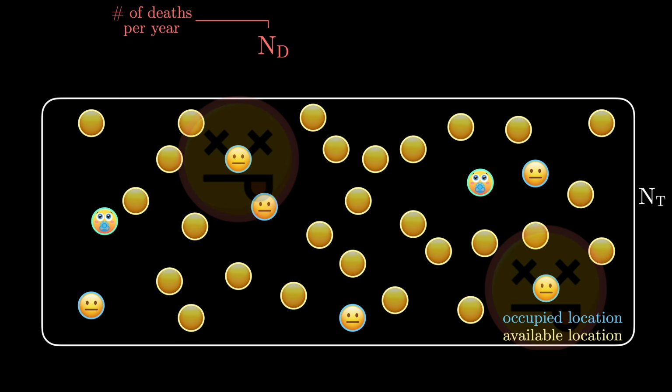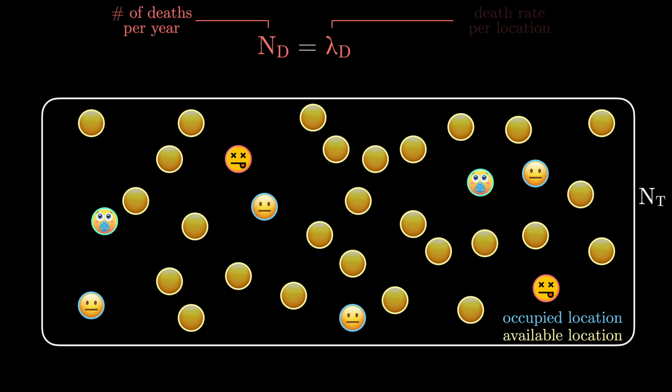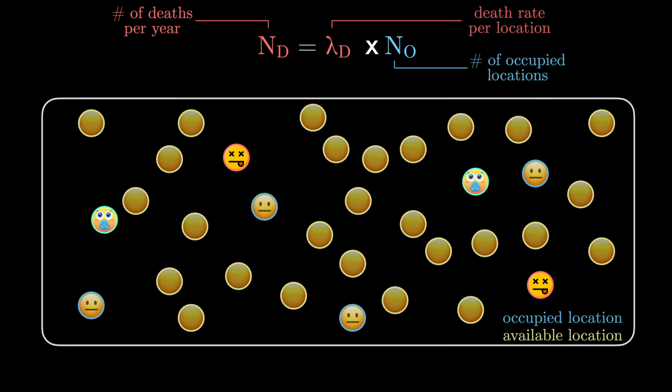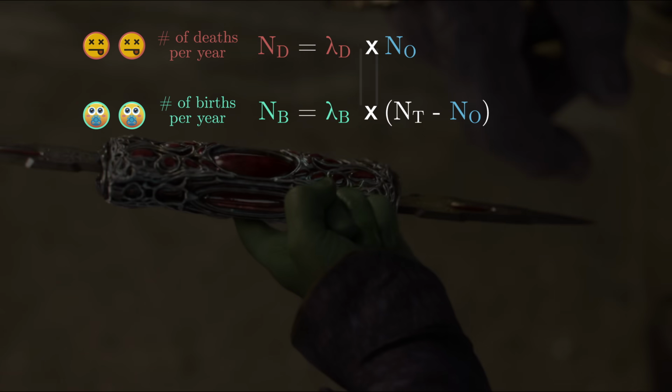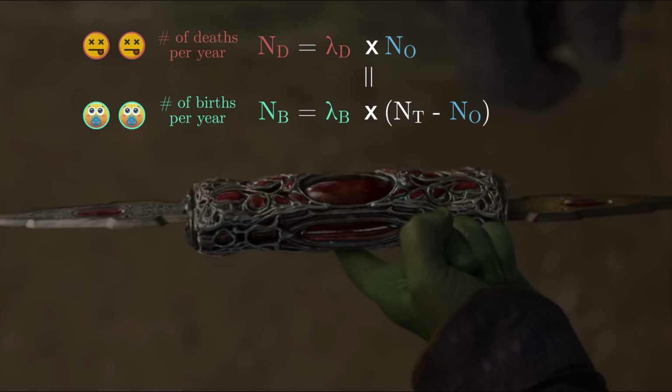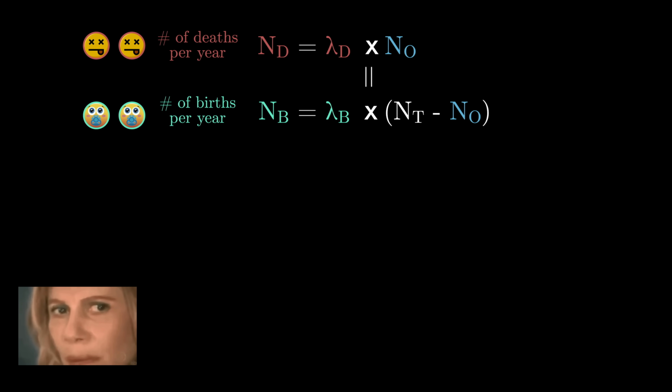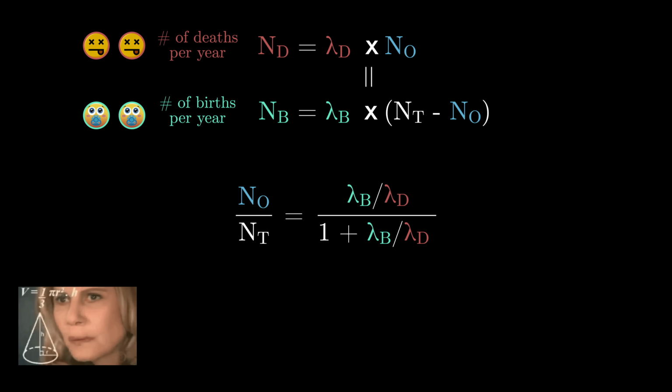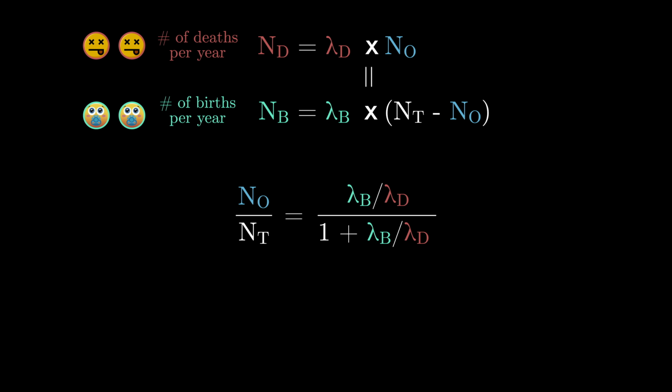Similarly, the number of deaths per unit time is the average death rate per location multiplied by the number of occupied stars. Equating these two is the balance point, a steady state condition. Rearranging this a little, we can write that the fraction of stars which are occupied must equal this. In fact, for notational convenience, let's call this F, the occupation fraction, and this term on the right, lambda BD, the birth to death rate ratio.